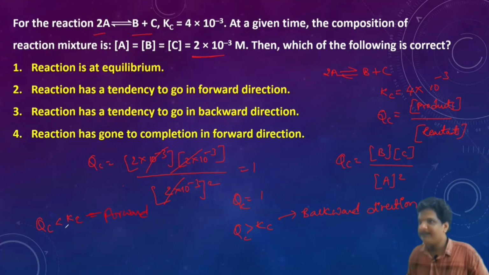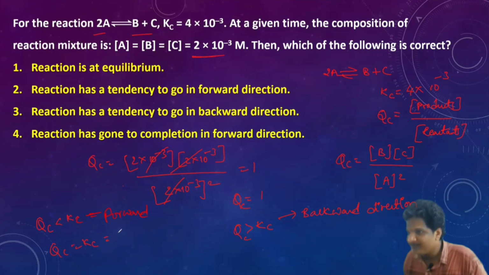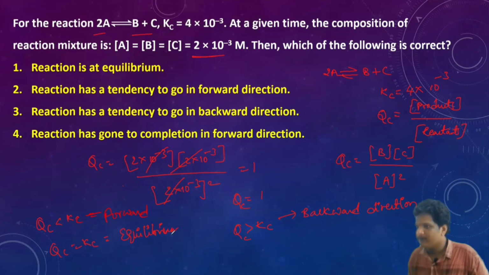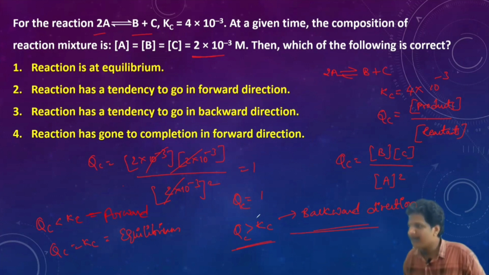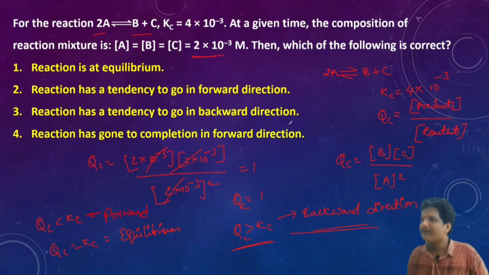If Qc is equal to Kc, that reaction will be in equilibrium. So here Qc is greater than Kc, which means the backward direction. So this reaction has a tendency to go in the backward direction. So the correct option is 3.